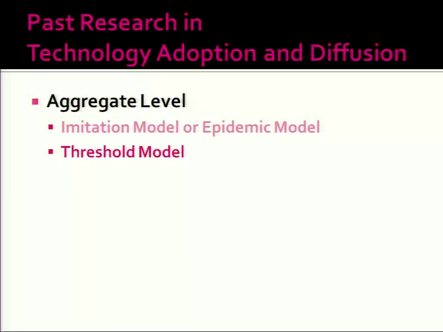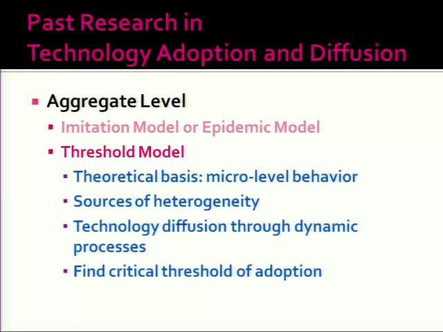So this threshold model was mainly developed in the beginning when we were looking at technology adoption of things in agriculture, like irrigation. Irrigation is one of the main things that they started to look at when they looked at the threshold model. And what it does is that it has a theoretical basis.